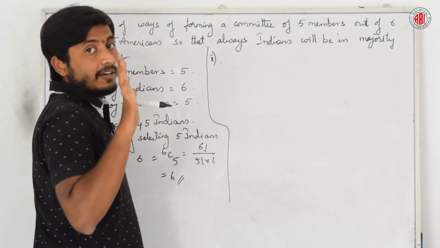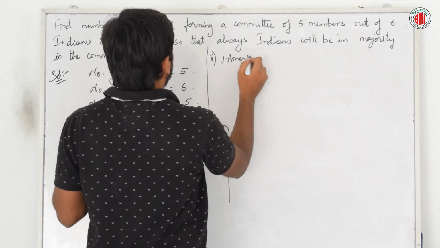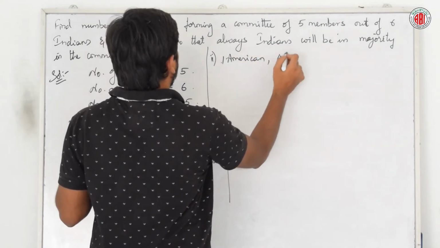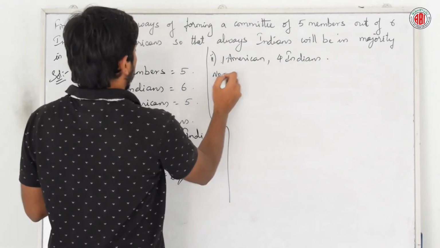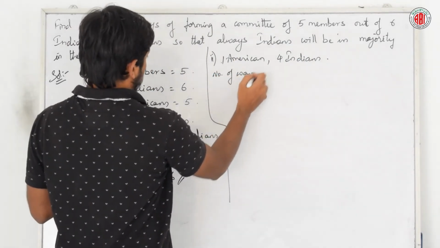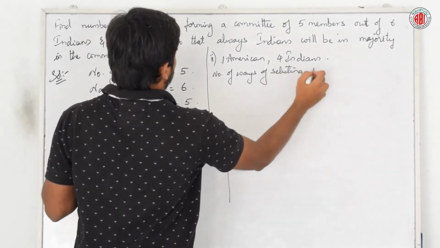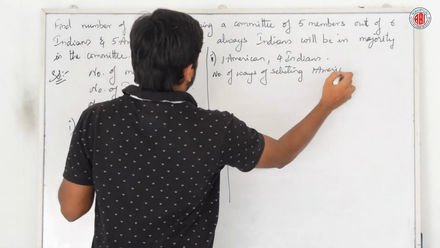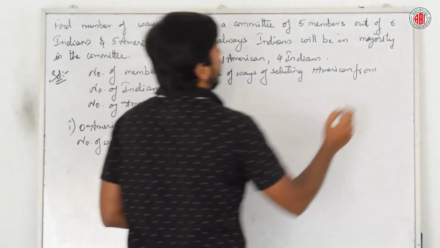Second case, 1 American, 4 Indians. Now tell me, number of ways of selecting only 1 American from how many? 5.